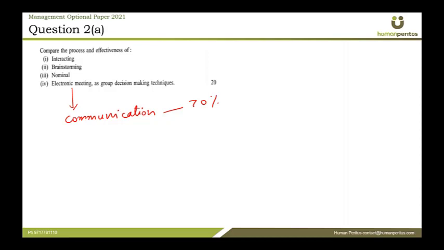Okay, so because of network issues and technical glitches, a lot of times we do not switch on the cameras, to save the bandwidth. And a lot of times while we are speaking, there's a lot of lag. Because of all these technical issues, there can be hindrances in the communication process, correct? So this is one very major drawback of electronic meetings as a group decision making technique.